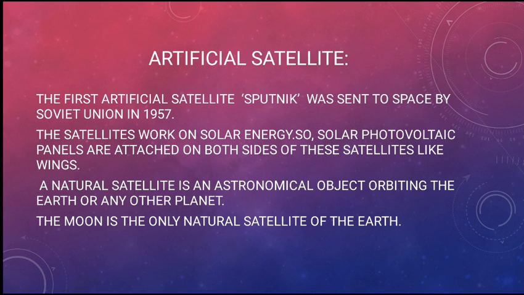Whereas a natural satellite is an astronomical object orbiting the Earth or any other planet. The moon is the only natural satellite of the Earth. So, if the question is asked which is the only natural satellite of the Earth, the answer is the moon.